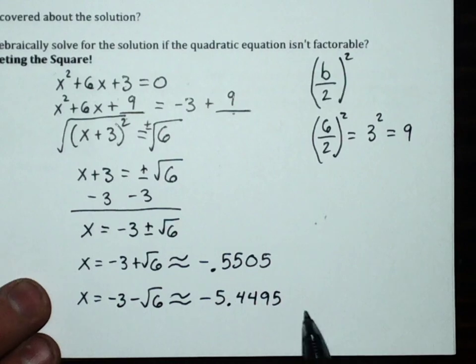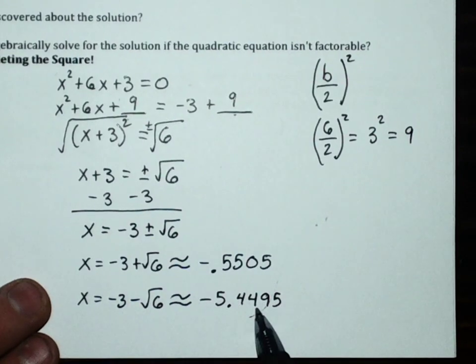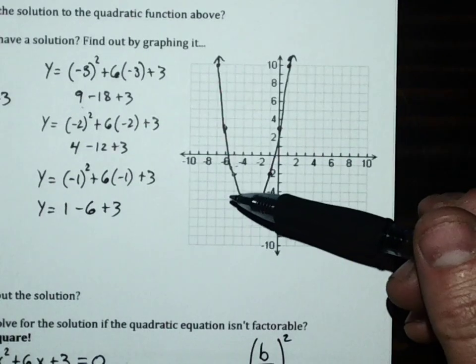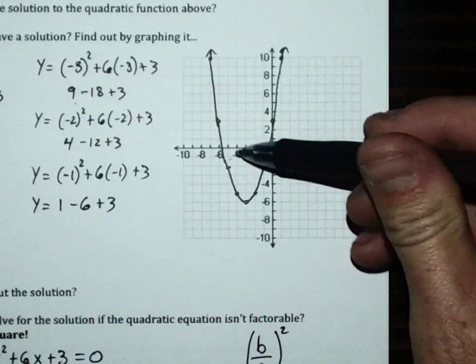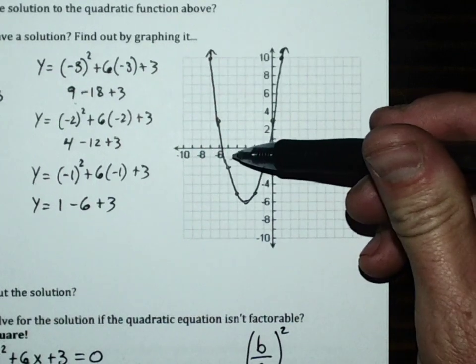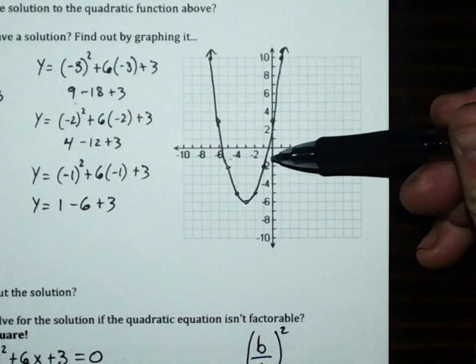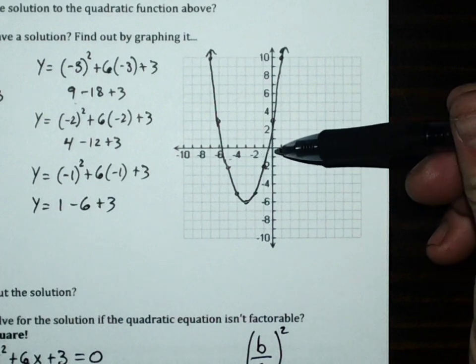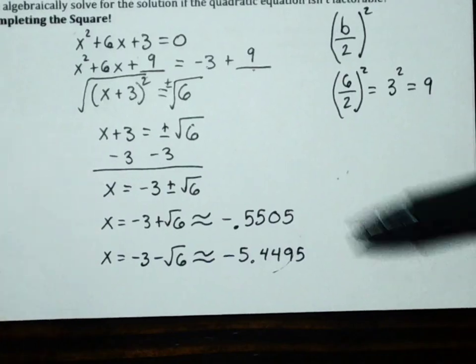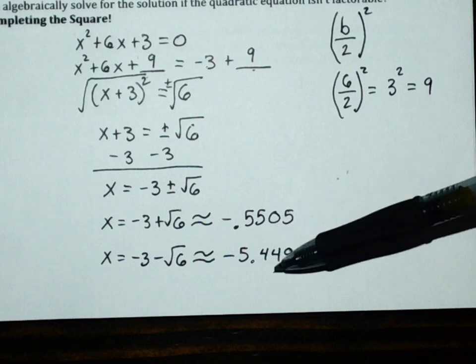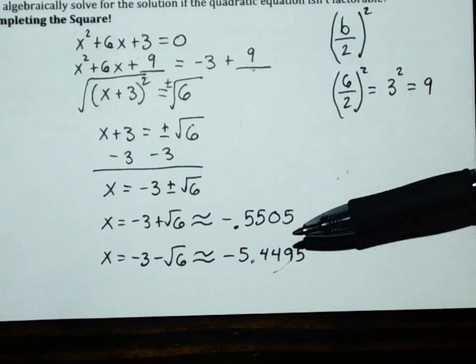Now, if we compare these values with what we got up here, that makes sense. We said it's somewhere between negative 6 and negative 5, and somewhere between negative 1 and 0. Well, lo and behold, these values match with our graph above.